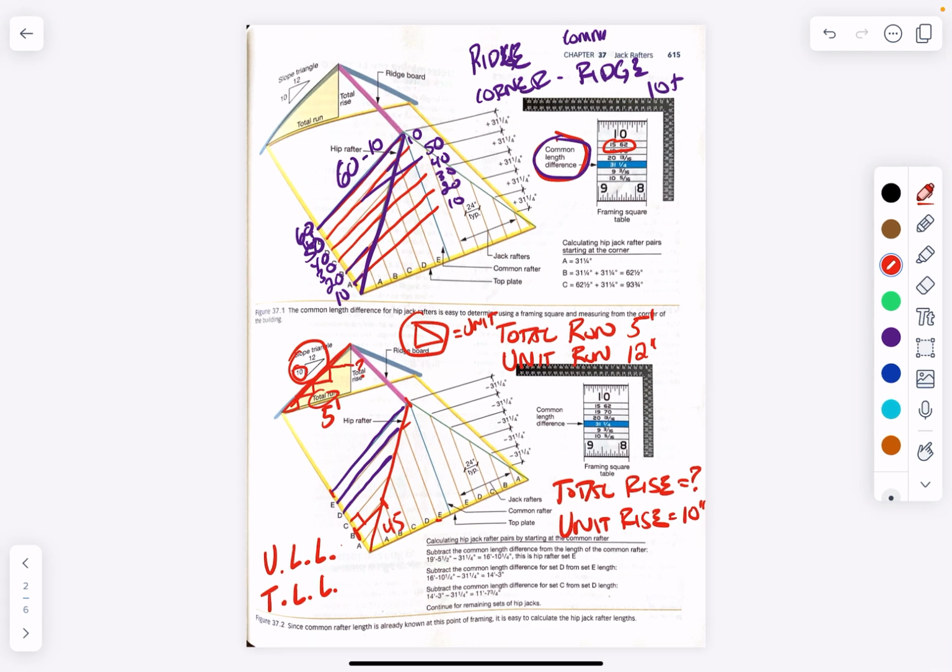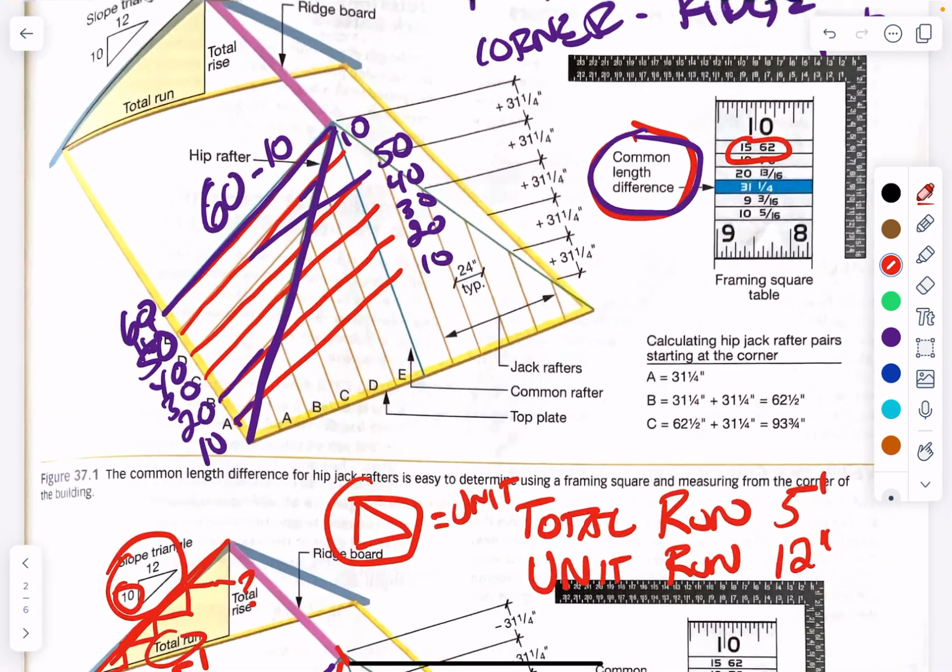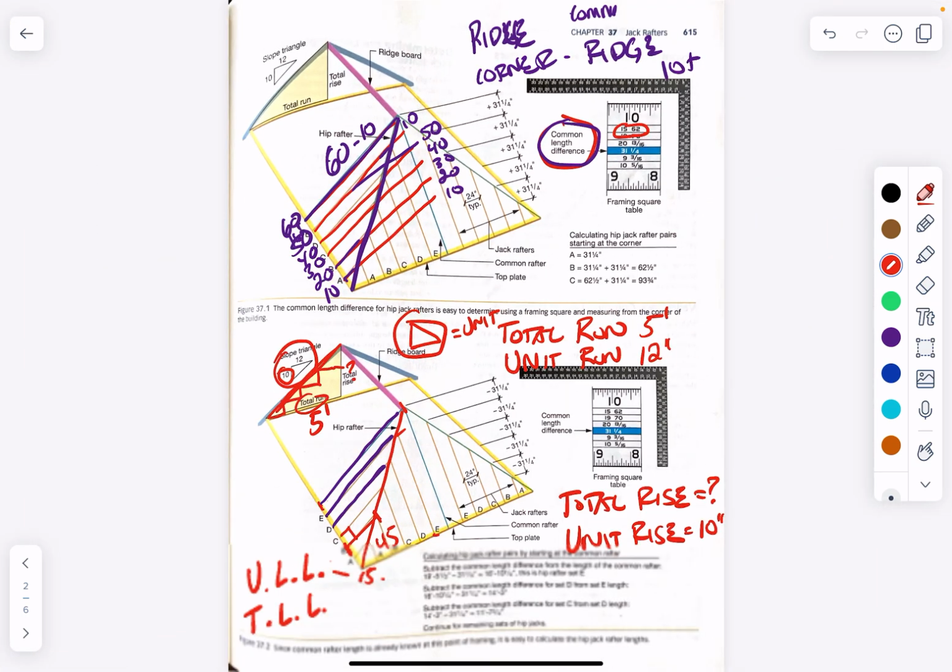So unit line length equals 15.62 inches per foot. So for every foot that we travel on the horizontal, we will be traveling on the diagonal 15.62 inches.